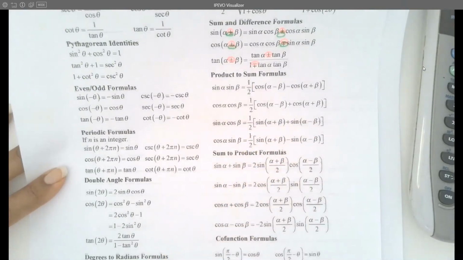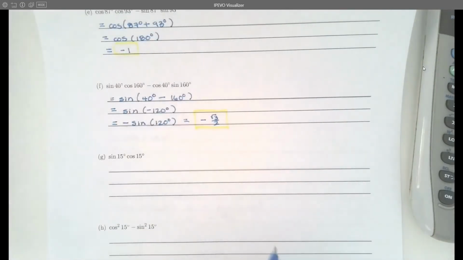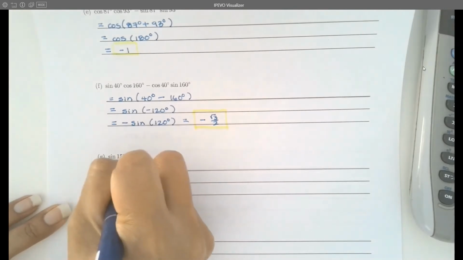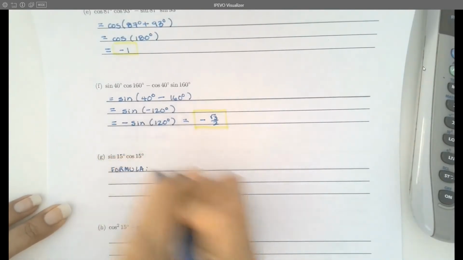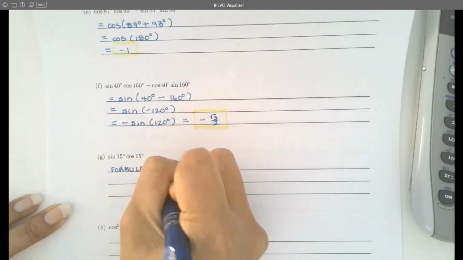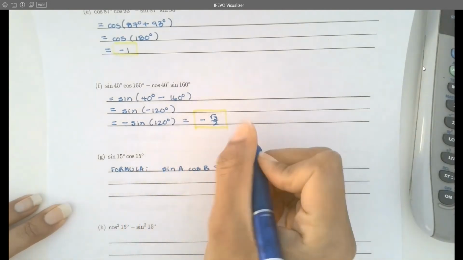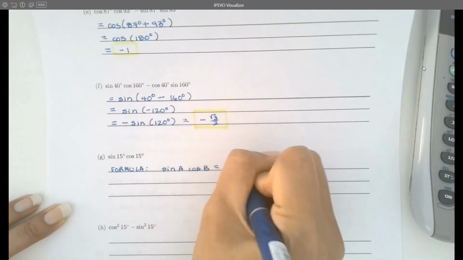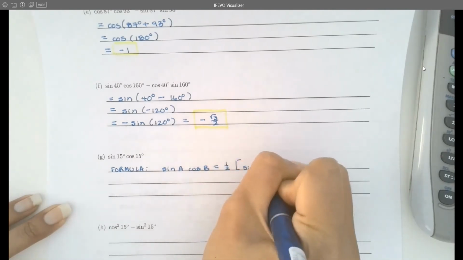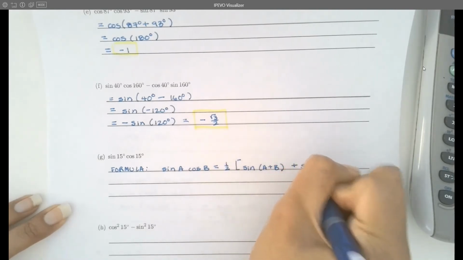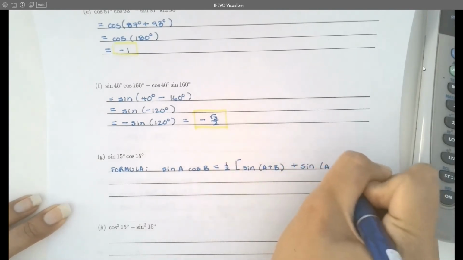And so I'm actually going to write that formula over here so that we can compare it. We have sine of A times cosine of B is equal to 1/2 sine of A plus B plus sine of A minus B.